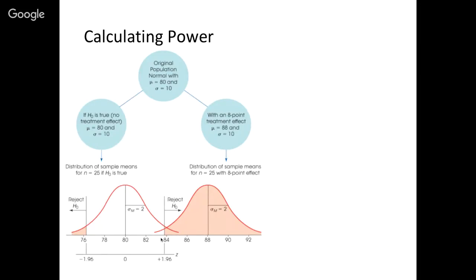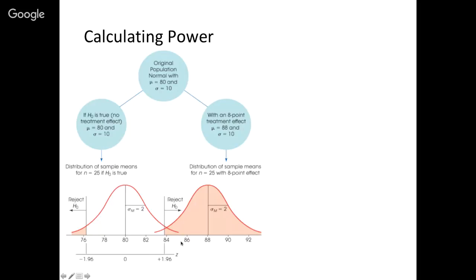If the sample mean is located in the critical area, we will reject the null. This one is the distribution of the population after the treatment, and we can see there's an overlap between these two distributions.